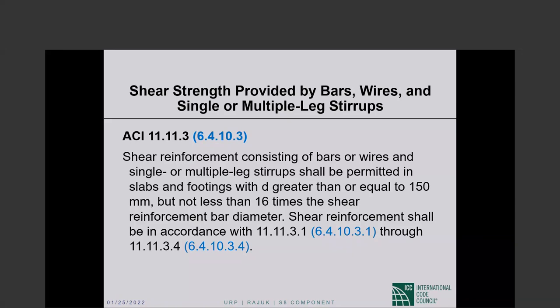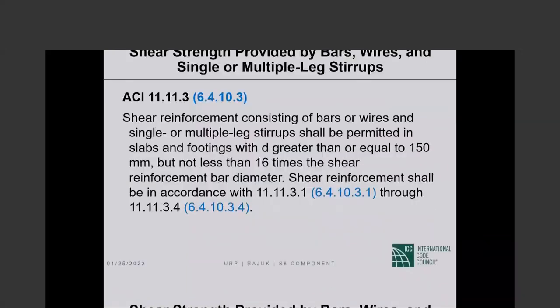So if the slab thickness is less than 192 millimeters, you will not be able to use 12 millimeter diameter shear reinforcement in the slab. So this minimum thickness is kind of important. Shear reinforcement shall be in accordance with section such and such.